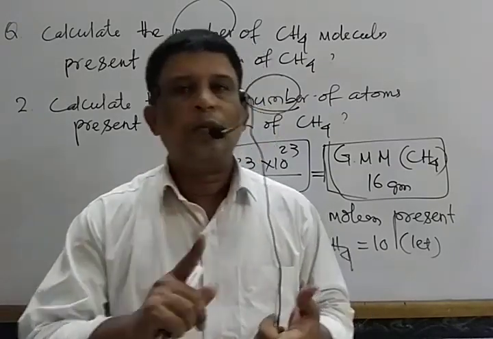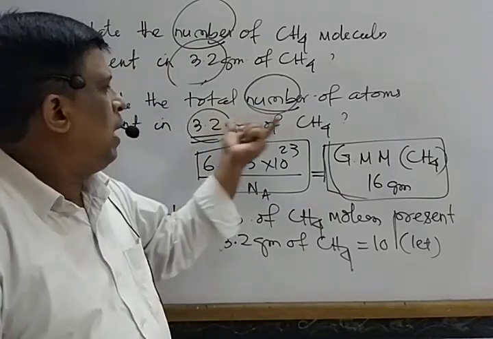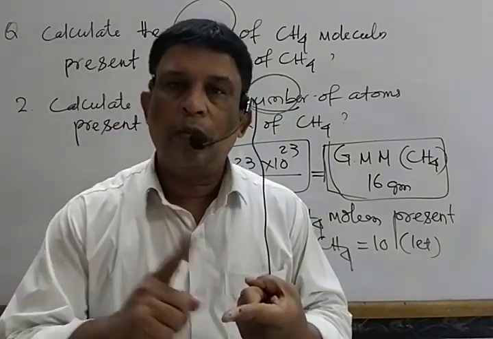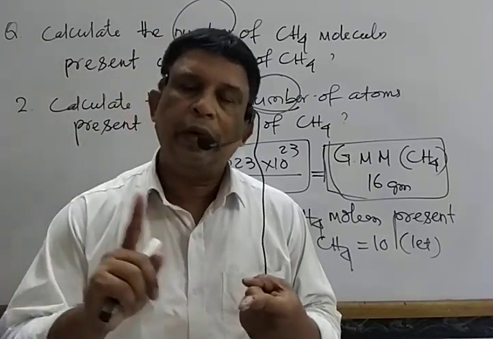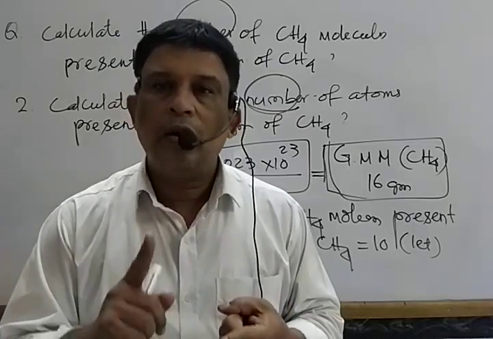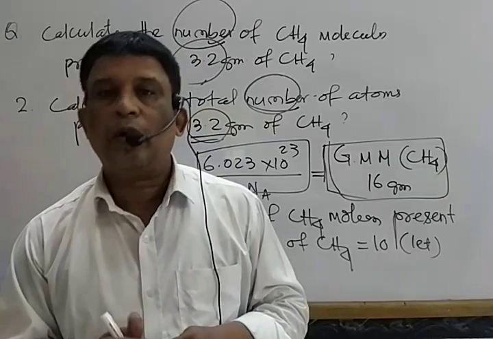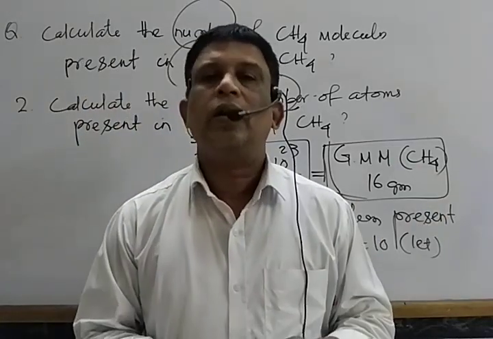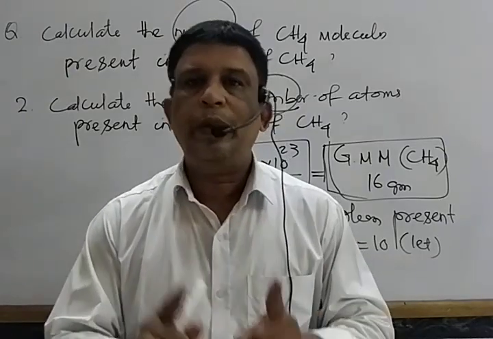So from the number and mass, we calculate the number of molecules, number of atoms, and number of each kind of atom. Now move to calculating the number of electrons. Same concept. How do we calculate the number of electrons? We know one term, the atomic number.